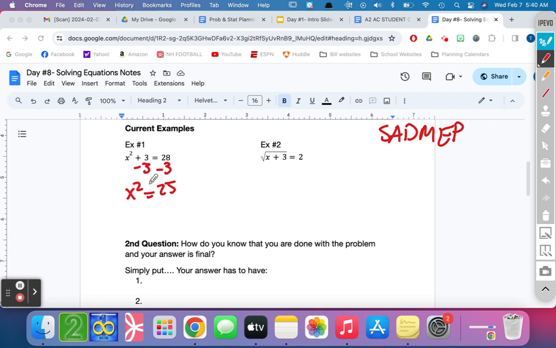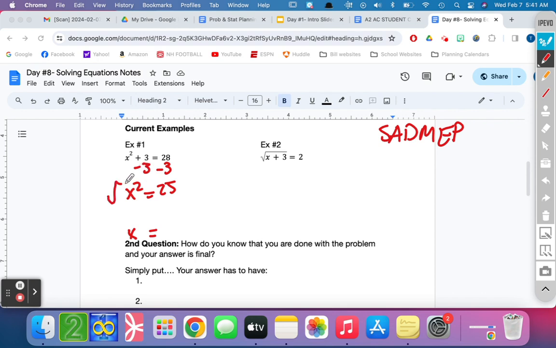Right? The idea is x has to be by itself, and we can't have it with an exponent of 2. All right. So our final answer has to be x equals something. Well, secretly, it's x to the first. You just don't ever write that. Okay. So how do I undo, or what's the opposite, or what's the inverse operation of squared? Ready? So plus and minus, times and divide, squared, square root.